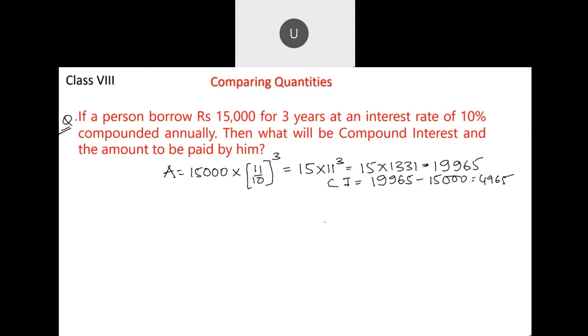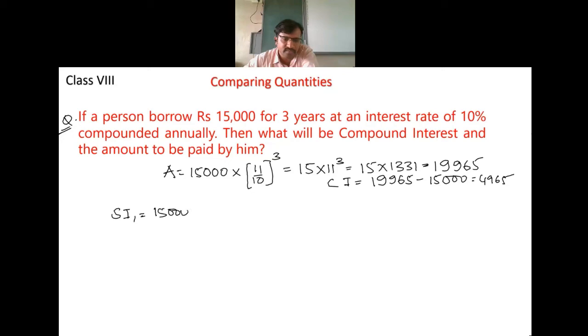When we calculated in the traditional method, 18,865 came. Probably there we must have gone wrong. Let's see. Simple interest for the first year is 1,500.